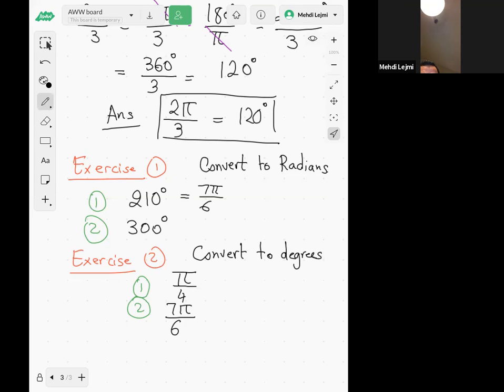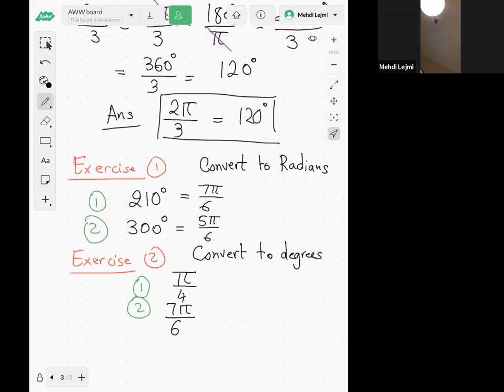Yes, absolutely, of course. For number two, as Lorden said, it's 5 pi over 3.